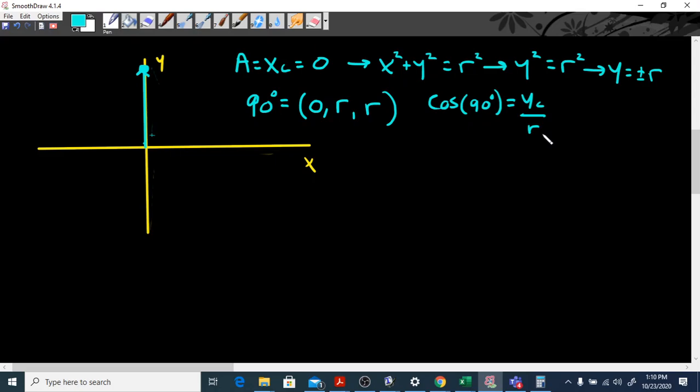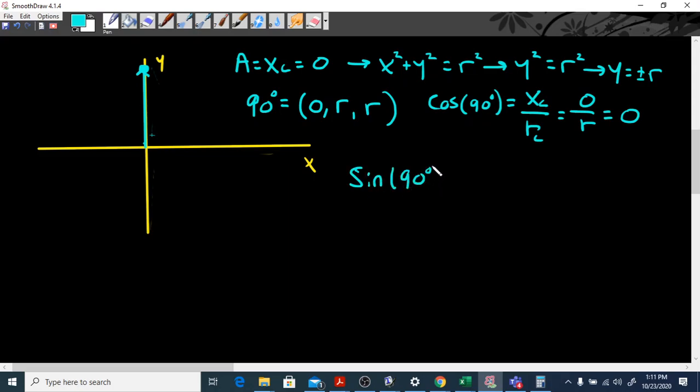Oh my goodness, and I messed it up. So sorry everybody. Cosine is x over r, not y over r. So it's going to be 0 over r, which is 0.